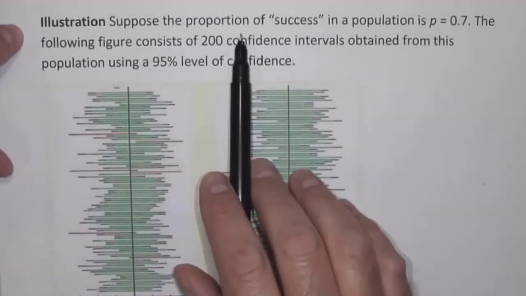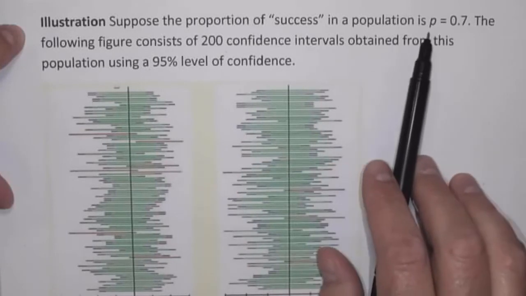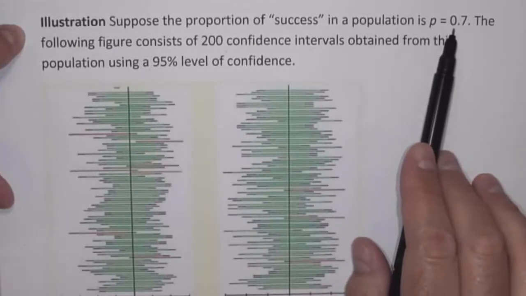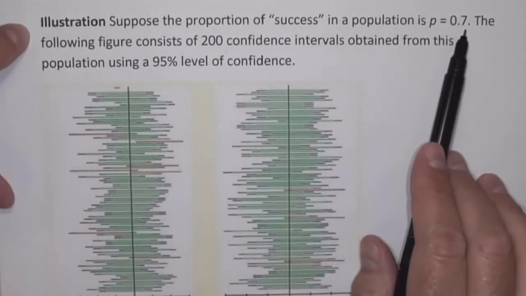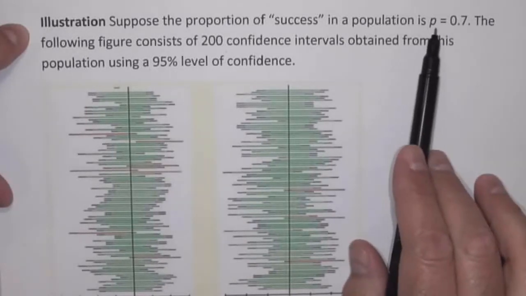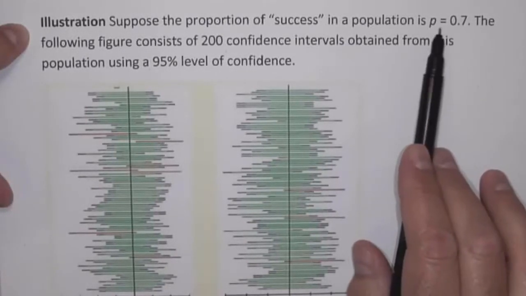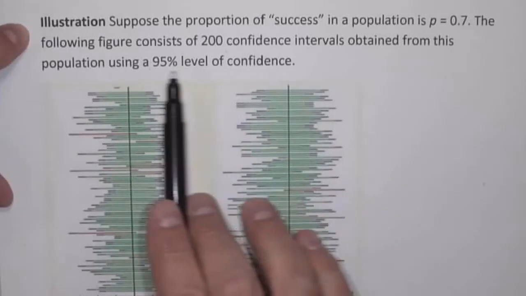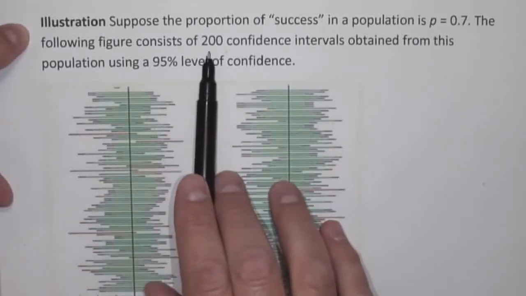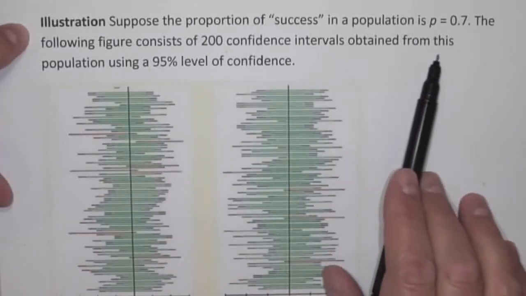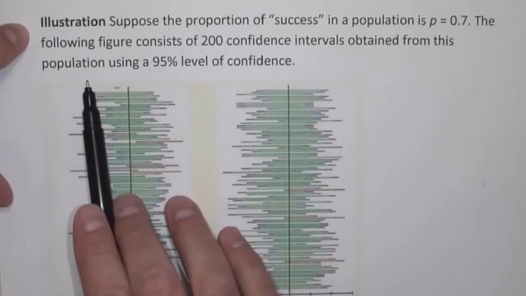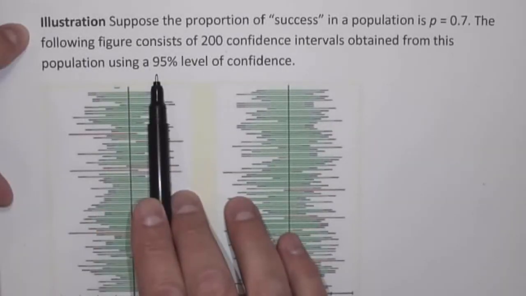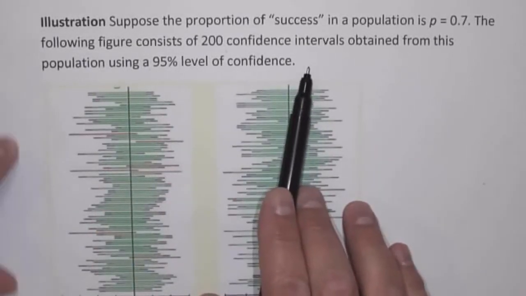Suppose the proportion of success in a population is P equals 0.7. In other words, the probability of success is 70%. The following figure consists of 200 confidence intervals obtained from this population using a 95% level of confidence.